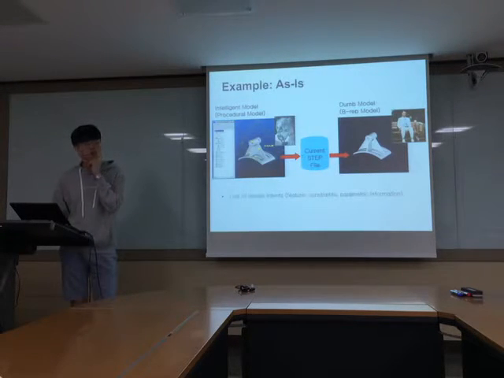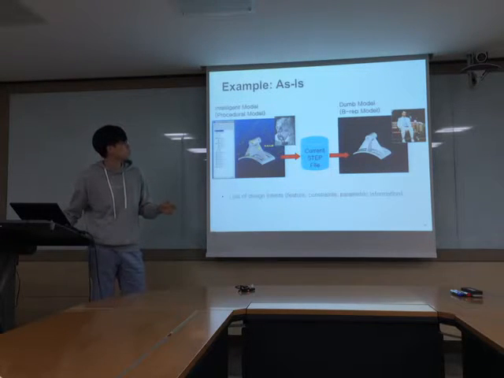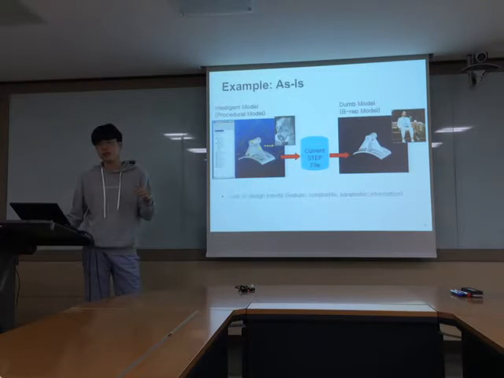What we want to achieve is this. The as-is process uses just an explicit model, for example the STEP format. You model it with commercial software and export a STEP file, and then the other software gets the exported file, but they cannot edit it.